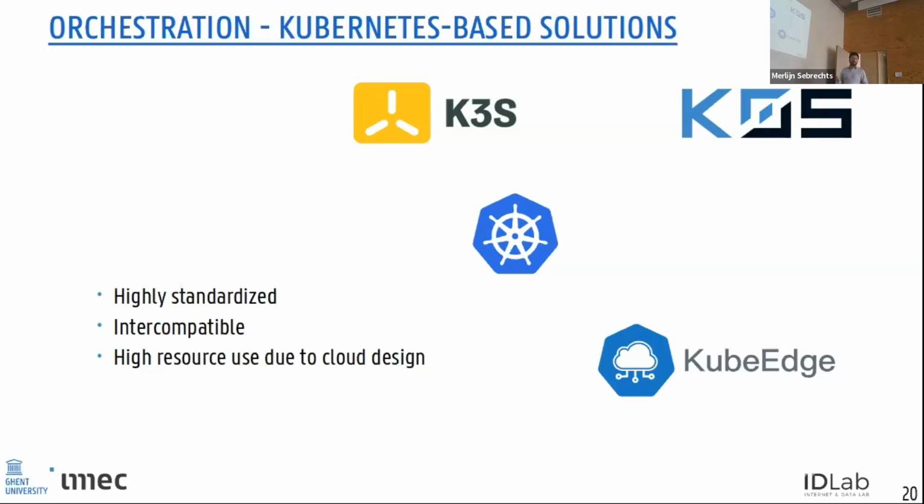They are all highly standardized based on the container standards that Docker and Kubernetes contribute to. But their resource use, like I said, is very high because they're designed for the cloud. Even the ones like K3s and KubeEdge, that have a bit of edge flavor in their description, still have very high resource use, on the order of sometimes 500, 600 megabytes per installation, which is basically impossible for an edge device right now.